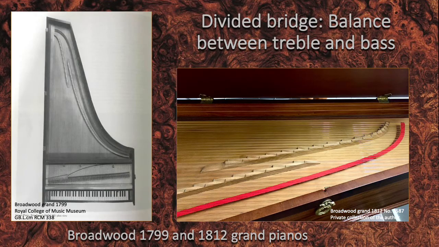Compared to the bass, the English treble was particularly powerful. Although John Broadwood's invention of the divided bridge in the early 1790s had more nearly equalized the tone, especially in the middle range of the instrument, still the bass notes were very much inferior to the treble.